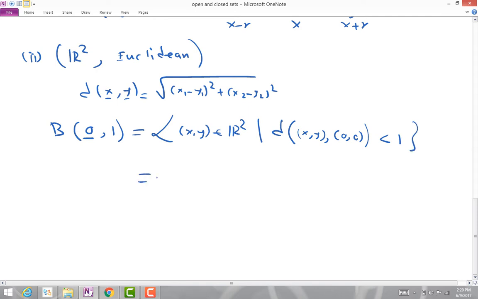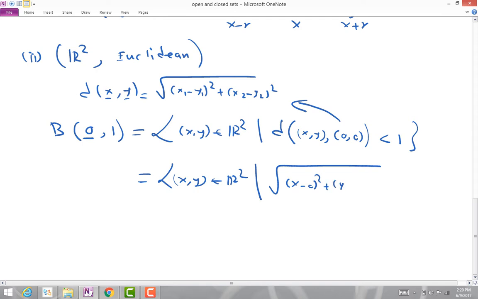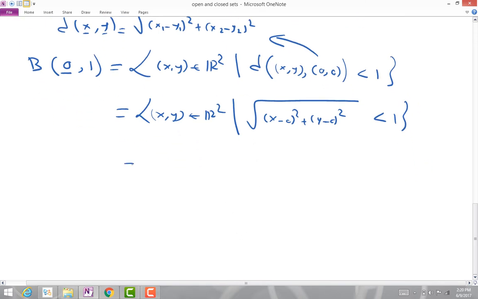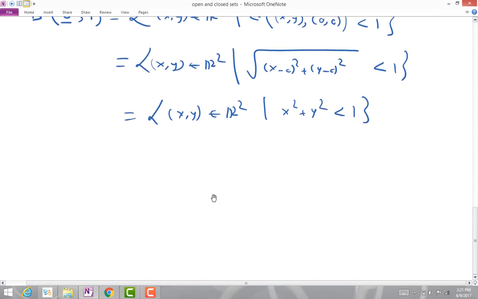Now the distance is measured using this formula, so I have all (x, y) in R squared such that the square root of (x minus 0) squared plus (y minus 0) squared is strictly less than 1. So this means all the elements (x, y) in R squared such that x squared plus y squared is less than 1, and you know that this is an open circle.